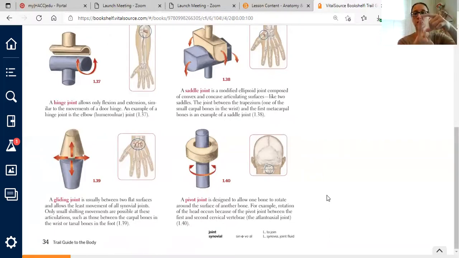Okay, so there's a little piece on C2 that C1 fits on, and it allows this rotation or pivot movement. So pivot joint allows you to do this. Just shake your head no, right? The name of that particular joint, C1 over C2, is the atlantoaxial joint. When we get to the upper cervical spine, I'll explain more about that. Okay, atlantoaxial joint.